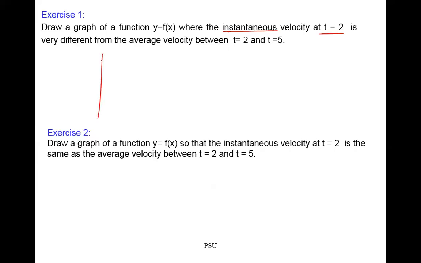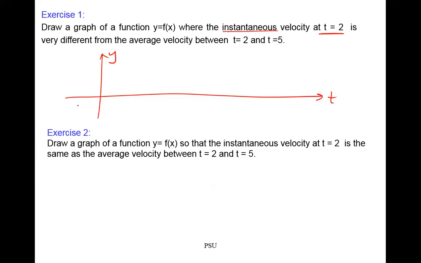Okay, let's try to draw something. I can draw t and let's say y. We remember instantaneous velocity is exactly the same as the slope of the tangent line. Average velocity is the slope of the secant line.